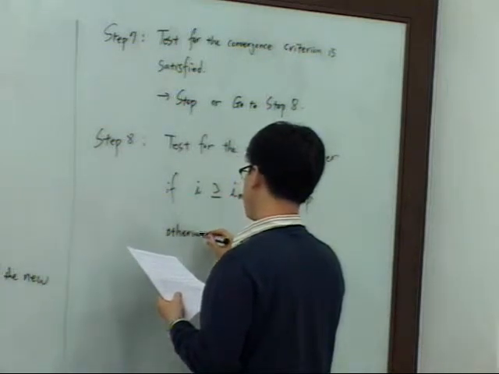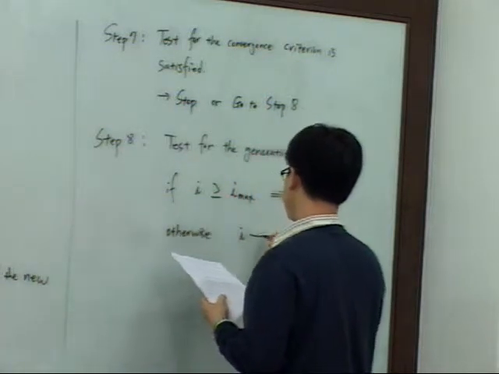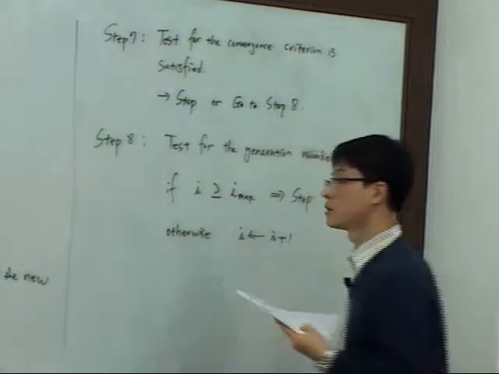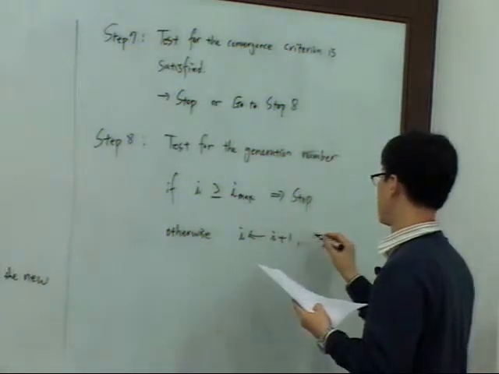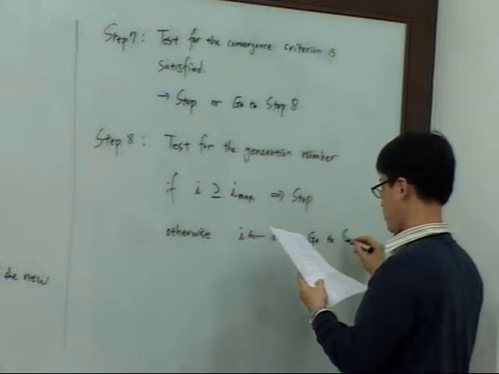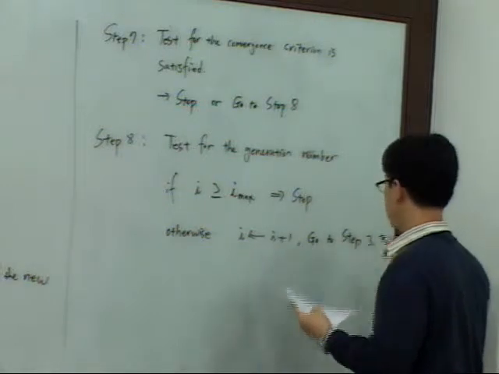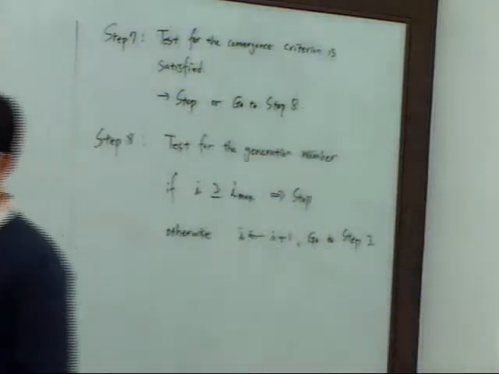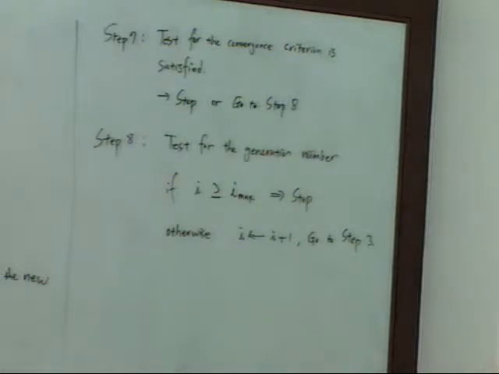Otherwise, increase the generation number, then go to step 3. That's the overall picture of this genetic algorithm.